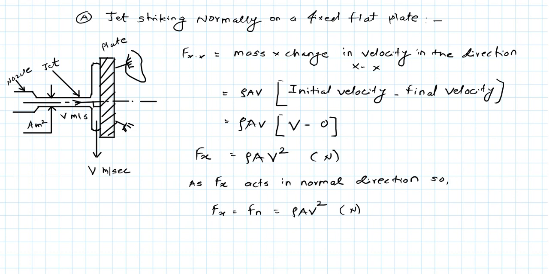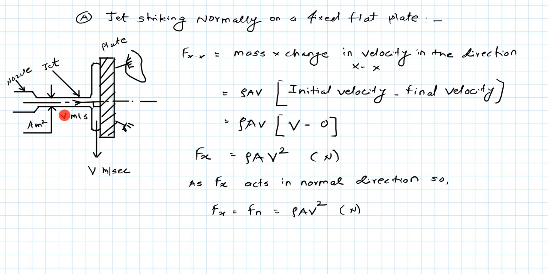Change in velocity is the initial velocity minus the final velocity. The initial velocity means the velocity of the jet before striking the plate, and the final velocity is the velocity of the jet after striking the plate. The initial velocity is v, because the jet comes from the nozzle with velocity v meter per second.